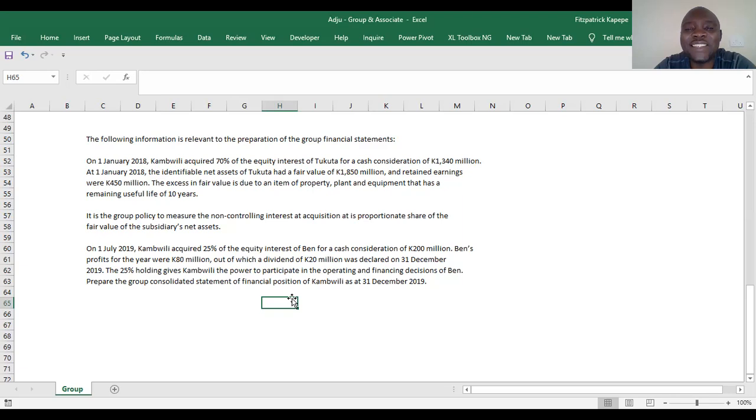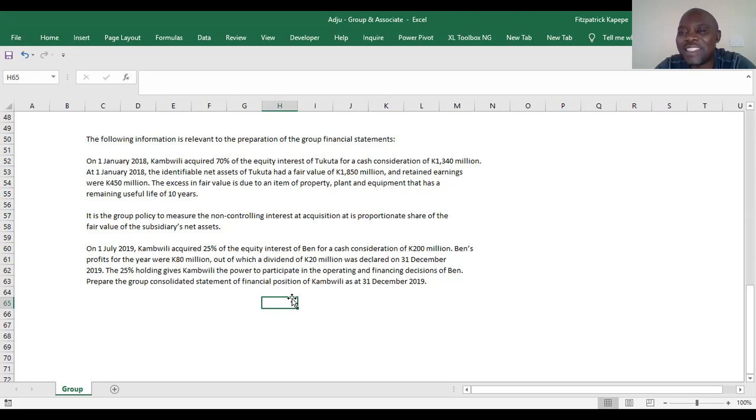So even the dividends that were declared to the shareholders of 20 million, what can be attributable, that which we can compute for Cambodia, will only be half of that.